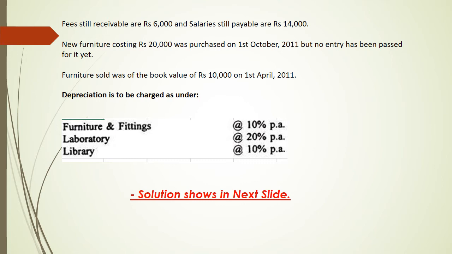Students, please note that the purchase of furniture on 1st October 2011 is the middle of the year, but no entry has been passed for it yet. Furniture sold had a book value of 10,000 on 1st April 2011. So another adjustment is the furniture sold on 1st April 2011.